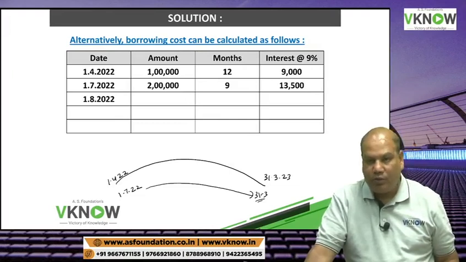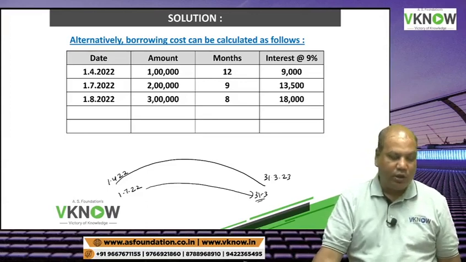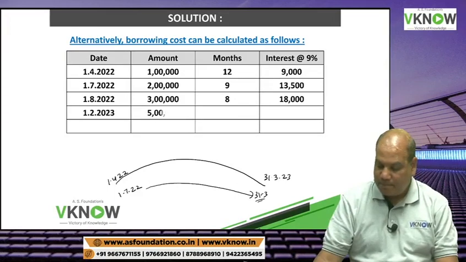Then 1/8/22, 3 lakh. On this we will calculate interest for 8 months. 3 lakh into 9% into 8 by 12, 18,000. Check the answer. Then we have 1/2/2023, 5 lakh.